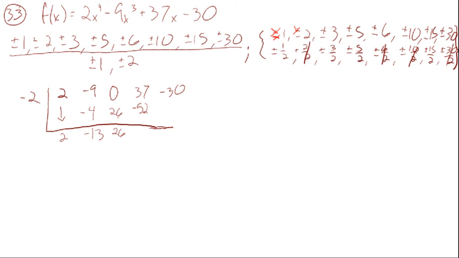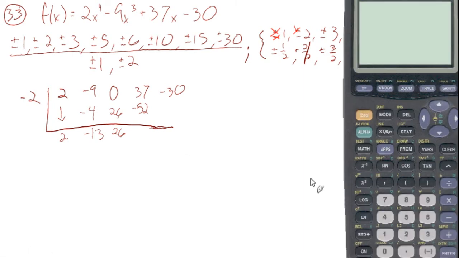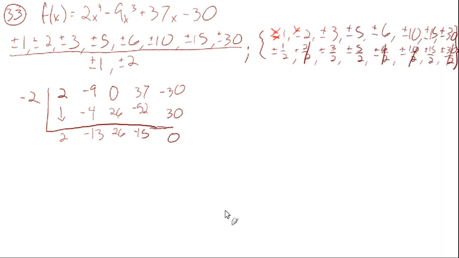Let's see. So 37 minus 52 is negative 15. And negative 2 times negative 15 is positive 30, and then we get our 0. It's great news. So negative 2 is a 0. If we were to start a list of zeros, negative 2 would be the first one we found.